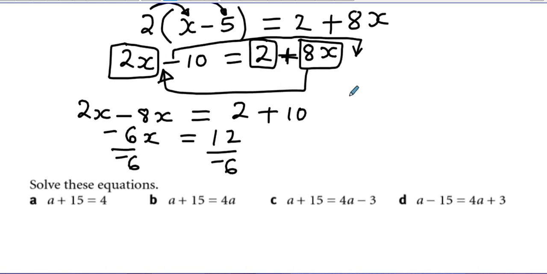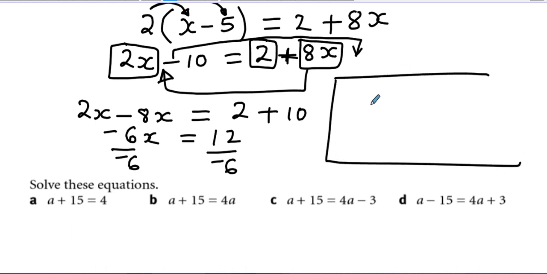Negative divided by negative becomes positive, cancel the 6, so x equals, positive divided by negative, the answer is negative, and 12 divided by 6, the answer is 2. So the value of x there is x equals negative 2.